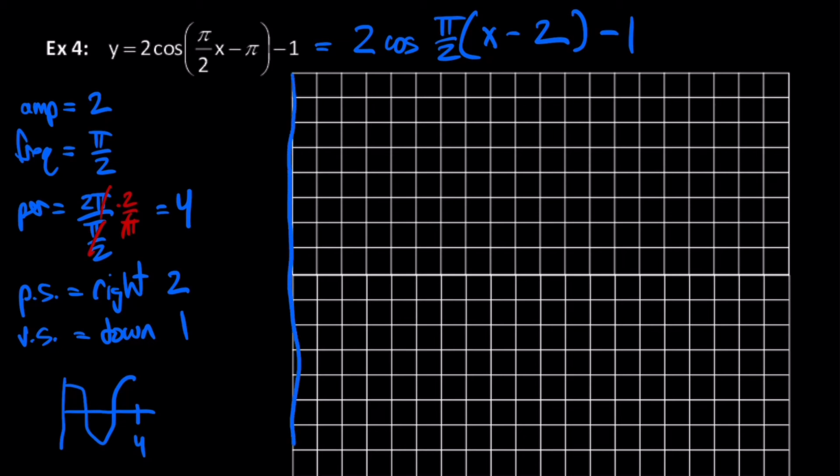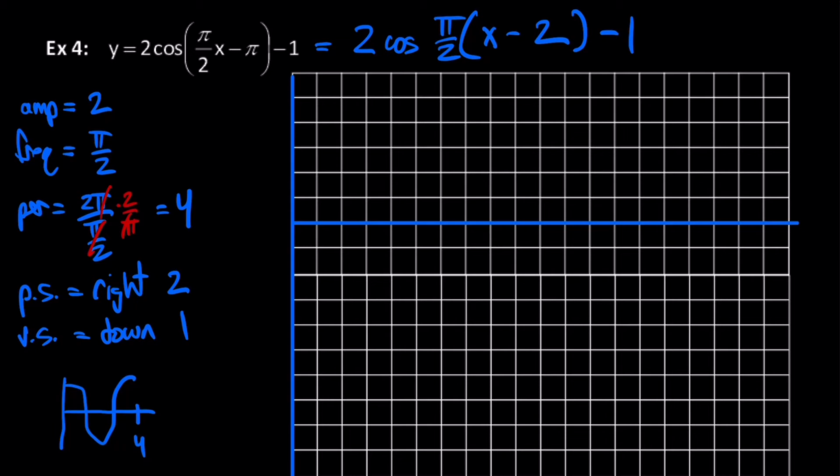So for cosine and sine, I like to set up my y all the way on the left. Here's my x. I'm shifting down 1. So if I'm going down 1, let me actually move this up a little bit. Let's do that. Okay, so now midline. Actually, I should label my x and y first.